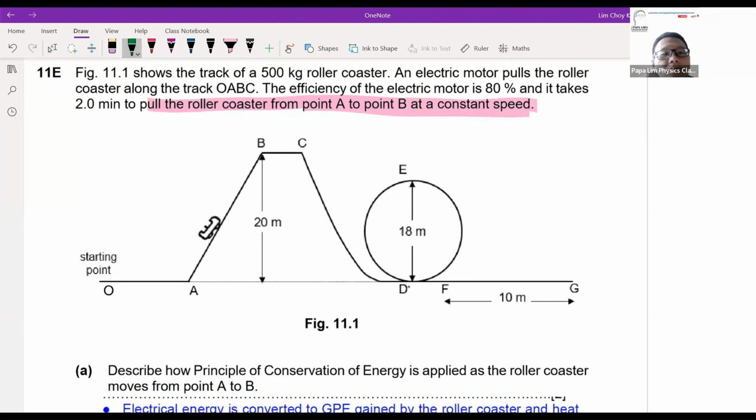So the speed at A and the speed at B are the same, which means from point A to point B there isn't any change in the kinetic energy.